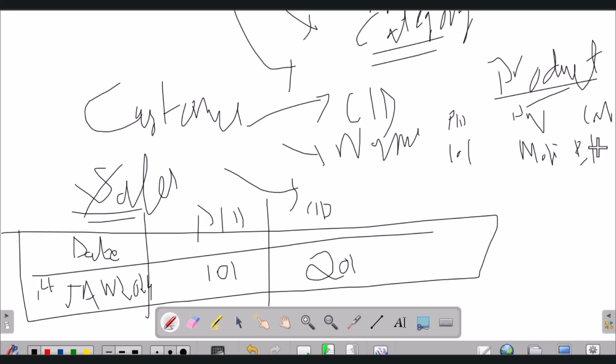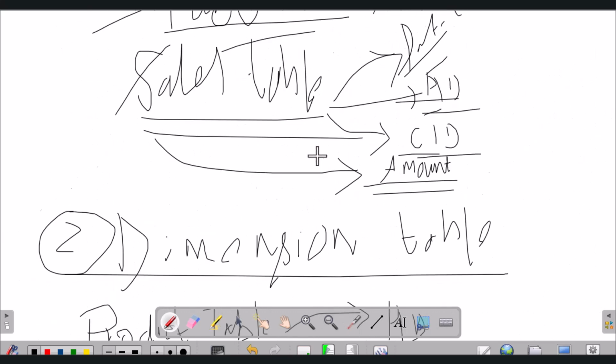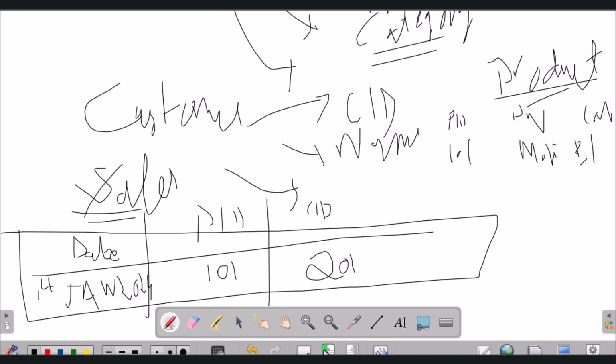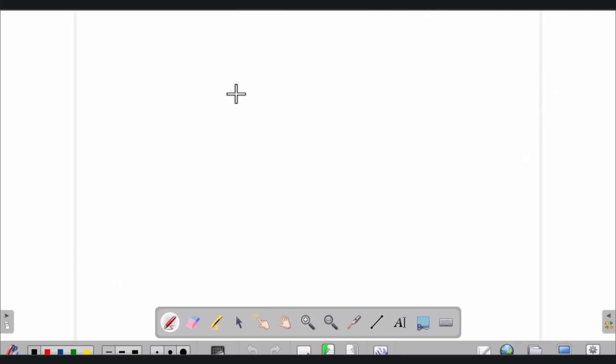So overall, what I can derive from this is that sales is the central table. Are you able to understand, folks?